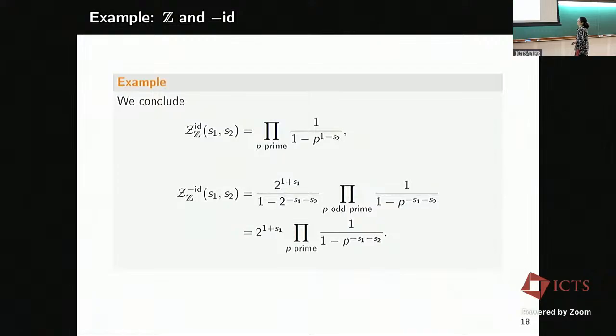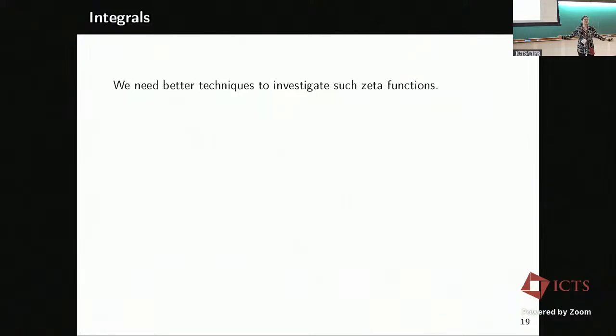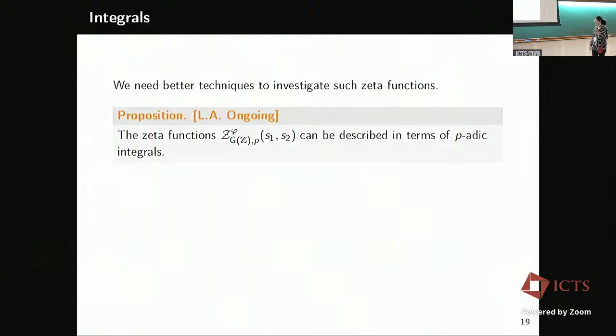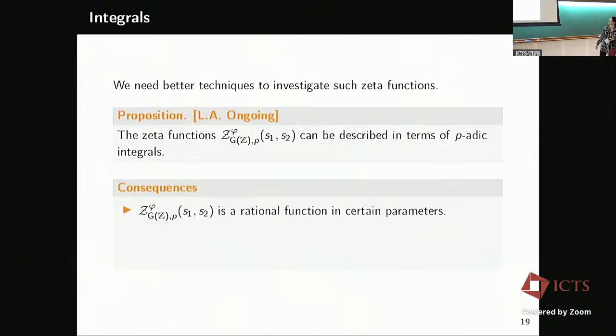They're very nice, but also Z is abelian. It can get very nasty, as you can imagine. Okay, but of course, I don't see what's the point of computing the zeta functions by hand. We actually need better techniques. And in fact, we can describe them in terms of p-adic integrals, which is nice, because then we can read from these p-adic integrals that this is a rational function in certain parameters.